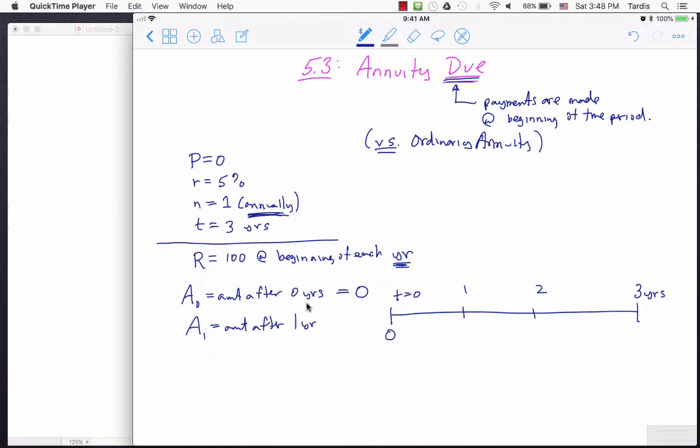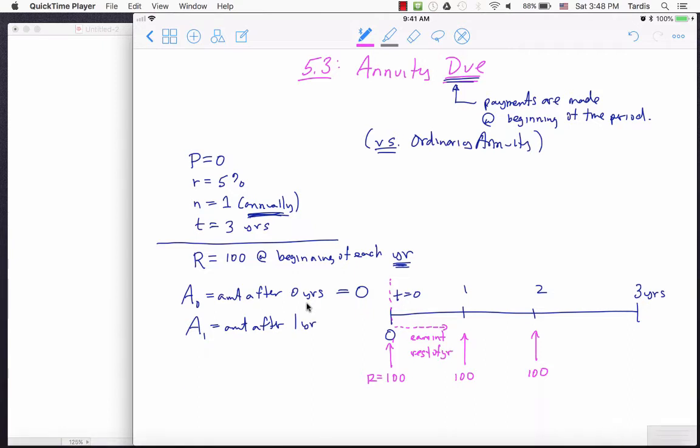Now what happens in this problem is that because deposits are being made at the beginning of the year, we're making 3 payments into this account of $100, and since the deposit is being made at the beginning of the year, that deposit has a chance to earn interest over the rest of the year.